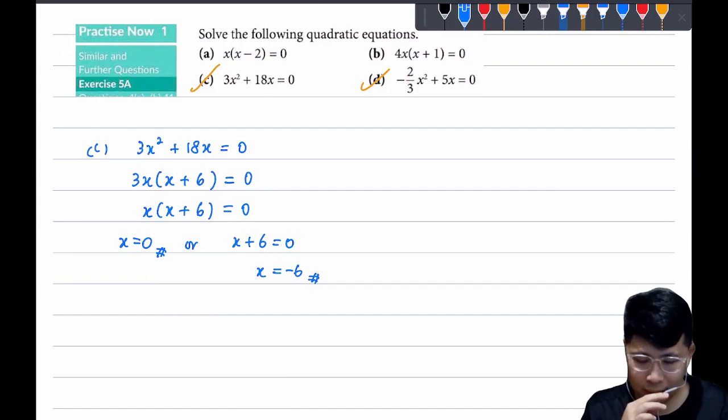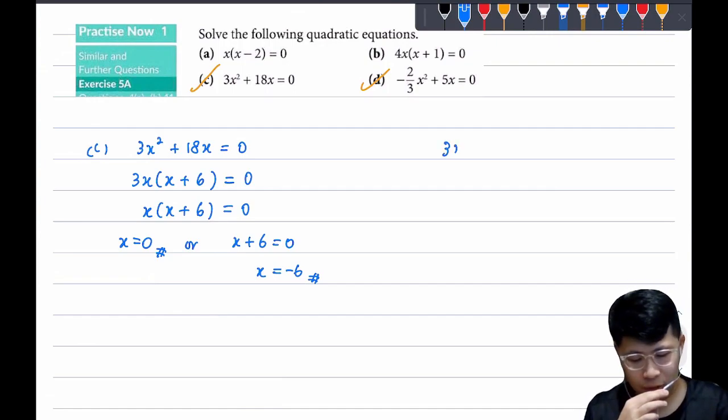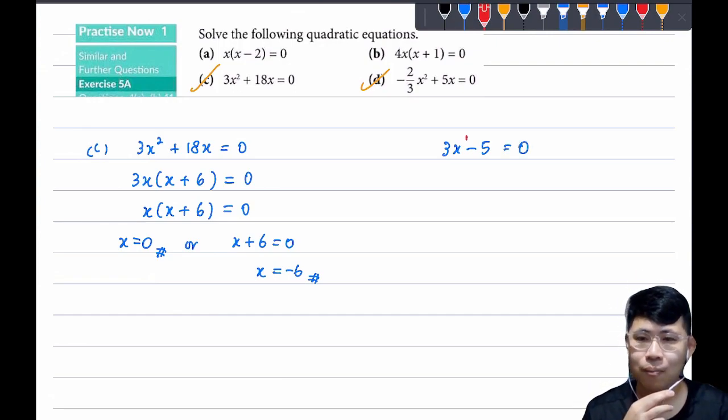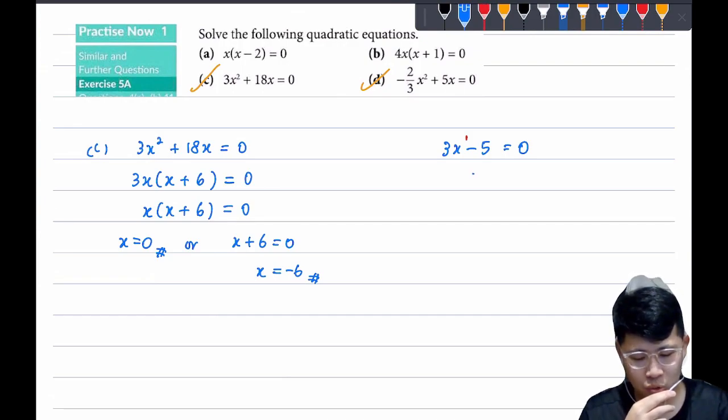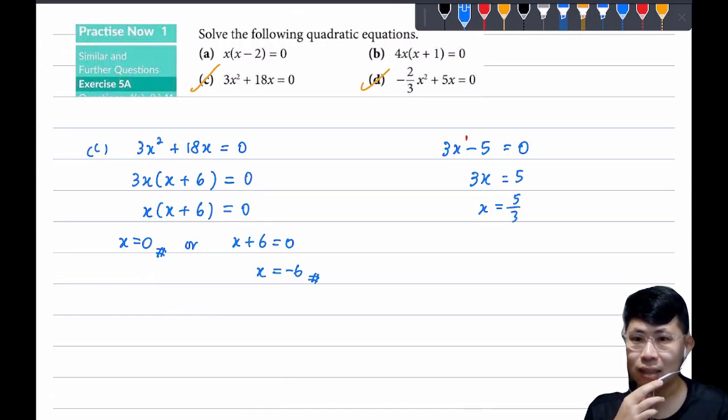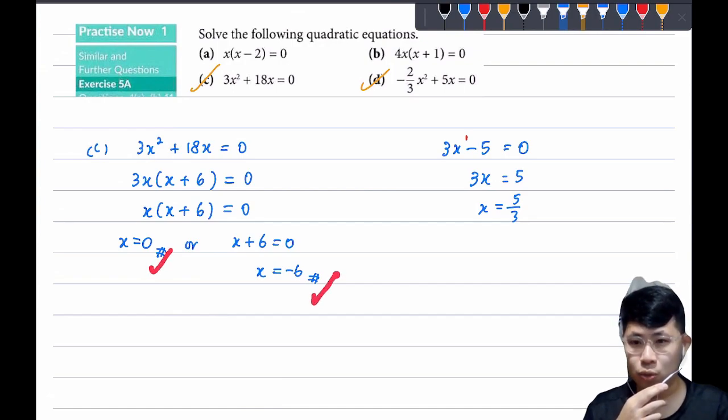Now, one thing to observe is, if you're solving a linear equation where the power of x is 1, how many solutions are you expecting to get? You're going to expect only one solution. But for a quadratic equation where the highest power is 2, we're going to expect up to 2 solutions.